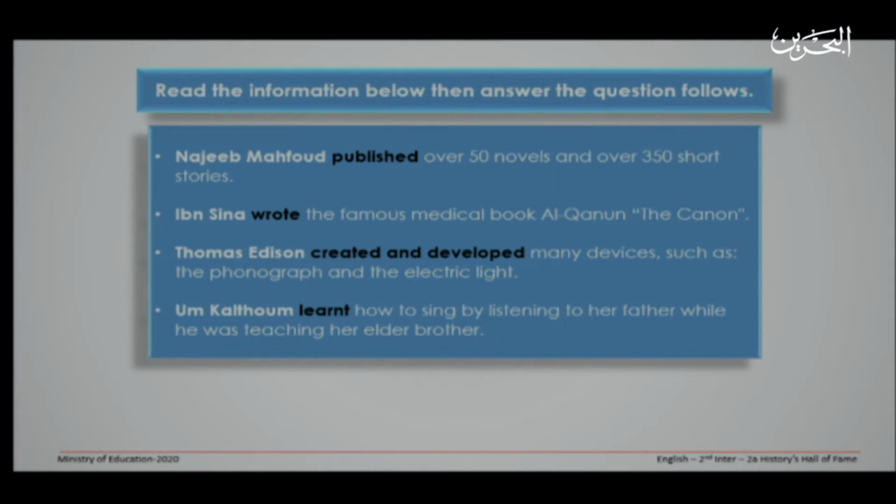Ibn Sina wrote the famous medical book Al-Qanun, the Canon. Thomas Edison created and developed many devices such as the phonograph and the electric light. Umm Kulthum learned how to sing by listening to her father while he was teaching her elder brother.